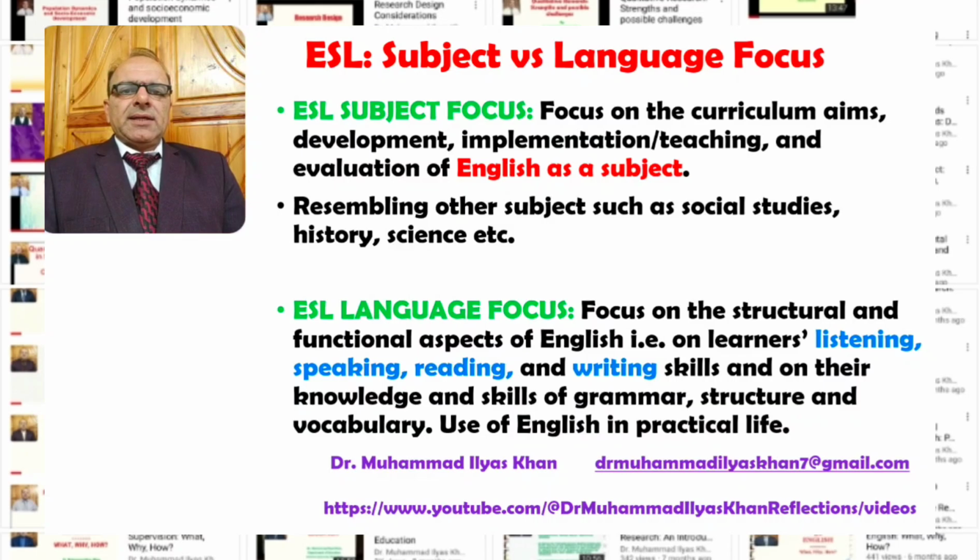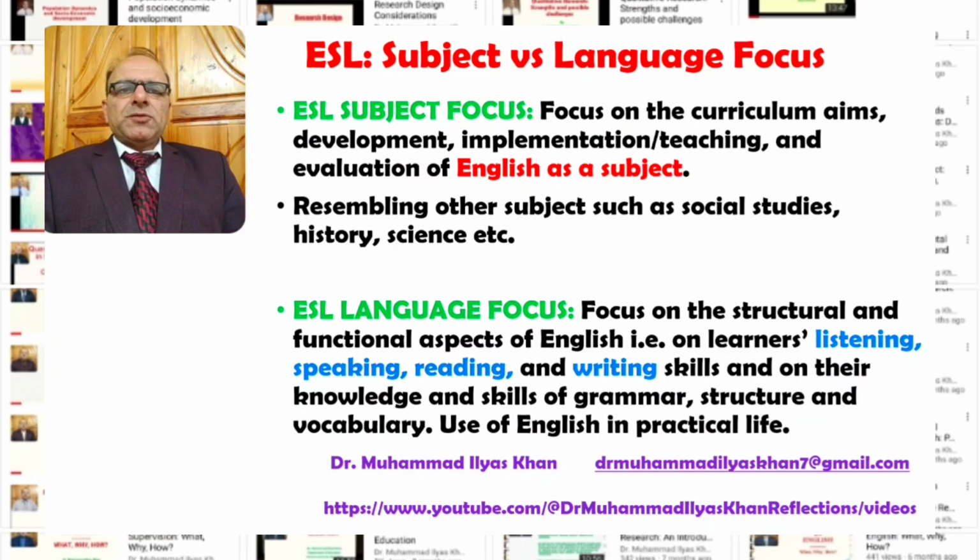On the other hand, the ESL language focus approach is an approach where the focus is on the structural and functional aspects of the English language. That means the focus is on the learners' listening, speaking, reading, and writing skills, and also on their knowledge and skills of grammar, structure, and vocabulary.